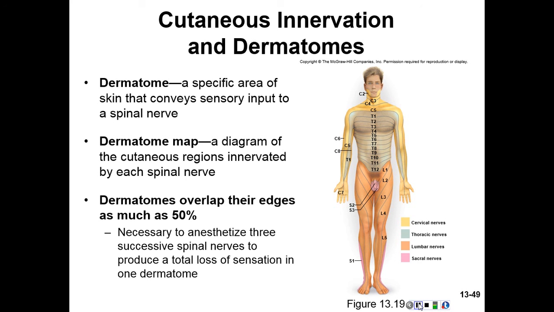So we have this map on our body that we can touch, tickle, itch, or pain, and it goes to the actual root in the body to let you know that nerve is functioning properly. So learn where C2, C8, L1, and S1 are located.